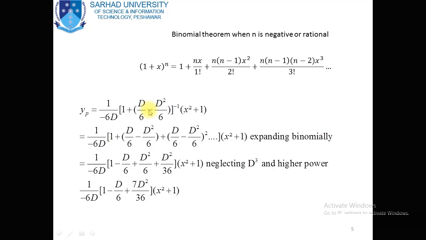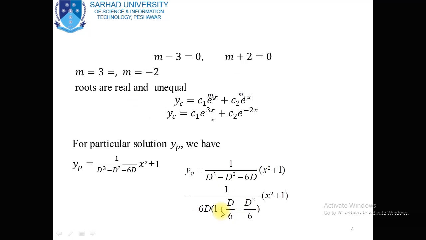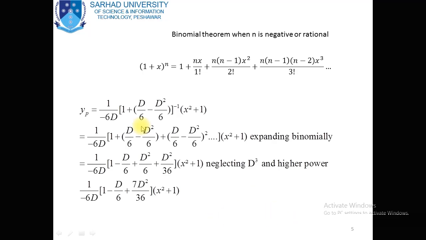So for the binomial expansion, this differential expansion can be written as you see in the previous slide: minus 6d into 1 plus d by 6 minus d square by 6. So 1 is the first term and d by 6 minus d square by 6 is the second term.